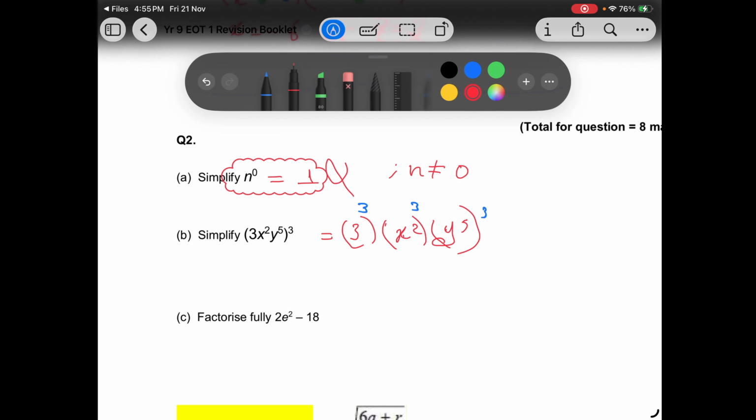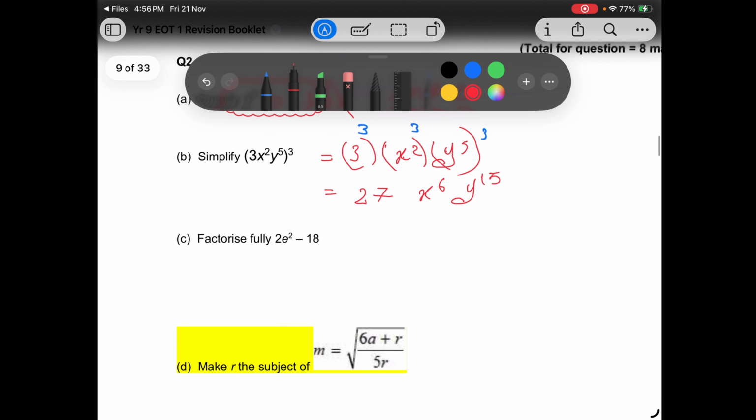For the first one, whether you keep it 3 to the power 3 or you make it 27, it will be fine. Then x squared to the power 3: when we have a power raised to another power, we multiply them. Here the same, we multiply these 2 powers. So it will be x to the power of 6 and y to the power of 15.